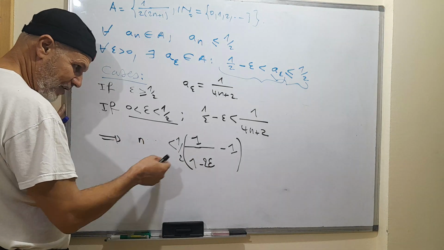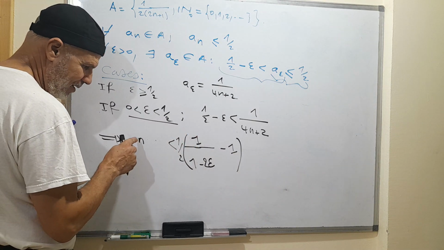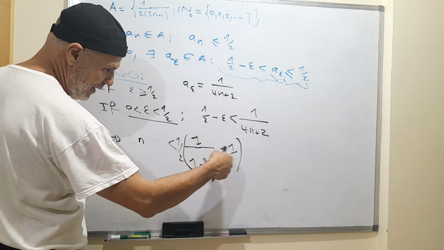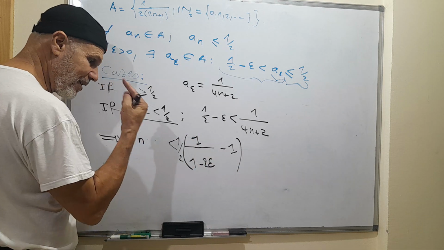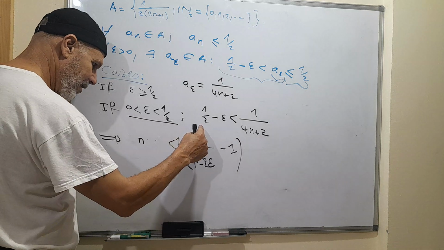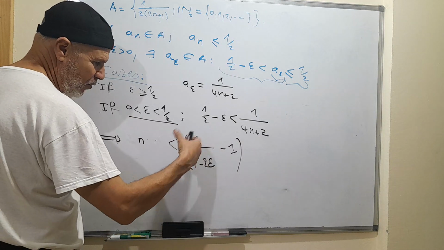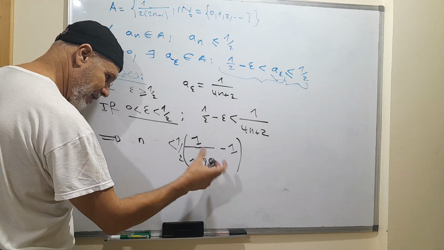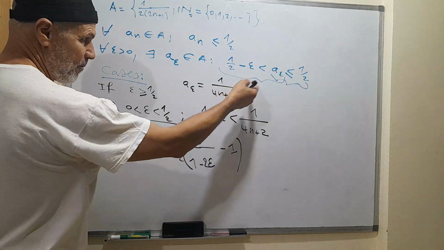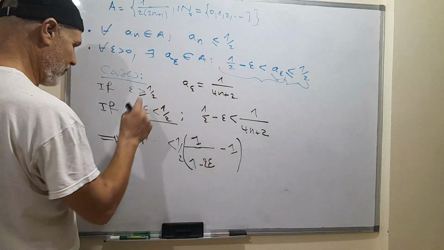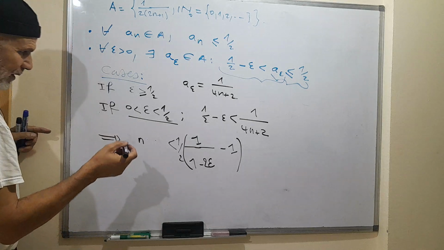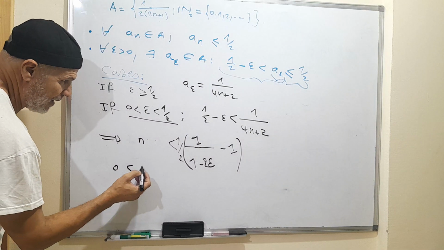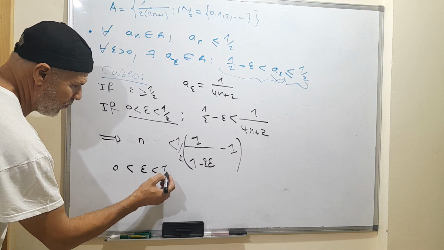Can we find n such that this natural number is strictly less than this real number? Can we find at least one? We have to decide about the interval in which this real number lies. We start from this point: 0 is less than epsilon less than 1/2.